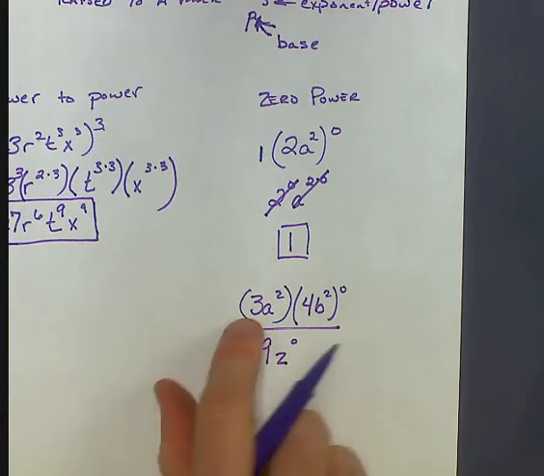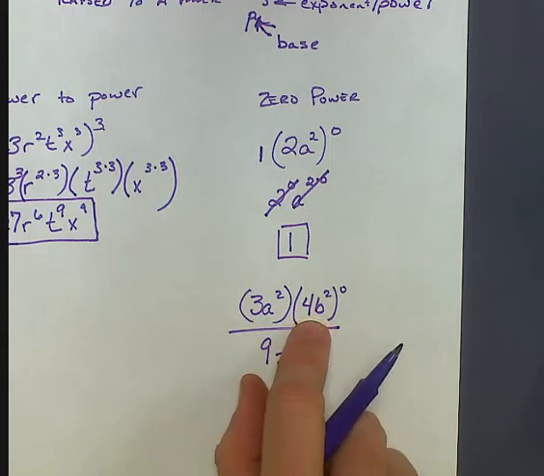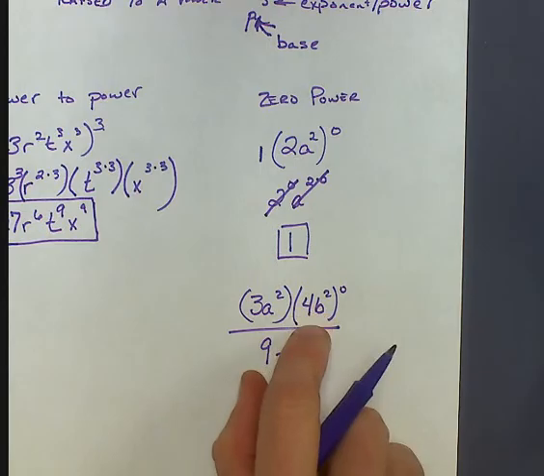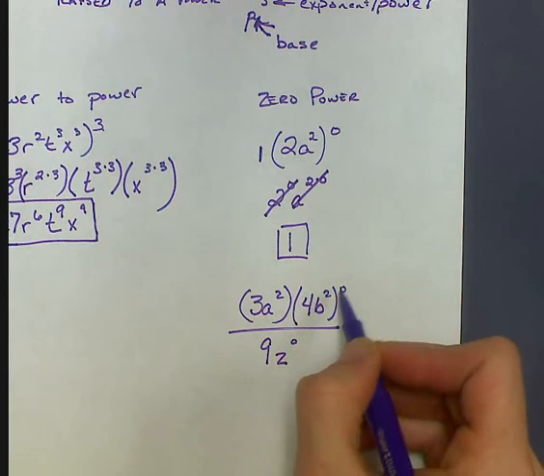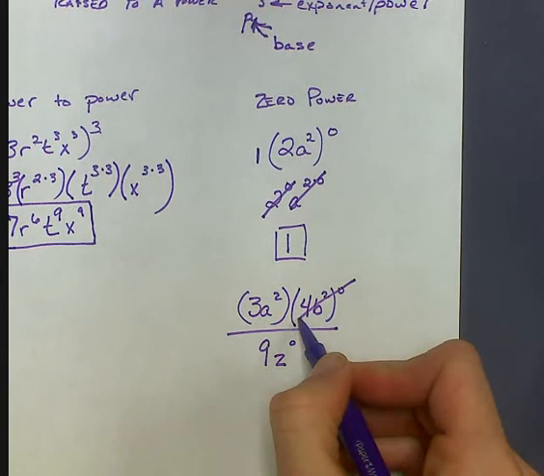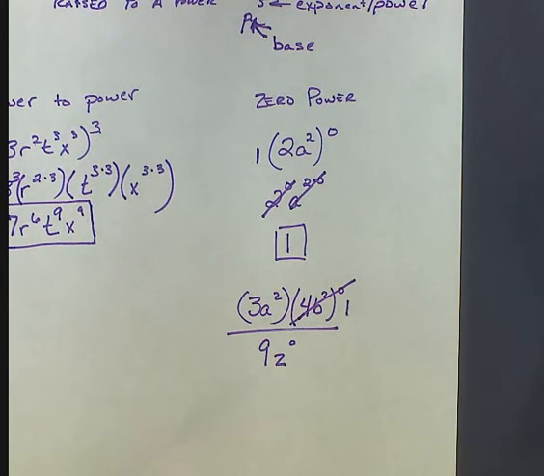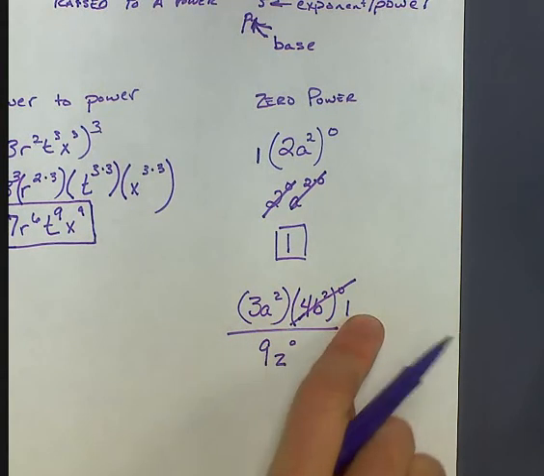So I read this as I'm going to multiply 3a squared by 4b squared, but before I can do that, following my order of operations, I have to raise what's in this parentheses to the 0th power. Well, if this is raised to the 0th power, it goes away, and I can replace it with a 1. So I would end up with 3a squared times 1 now.